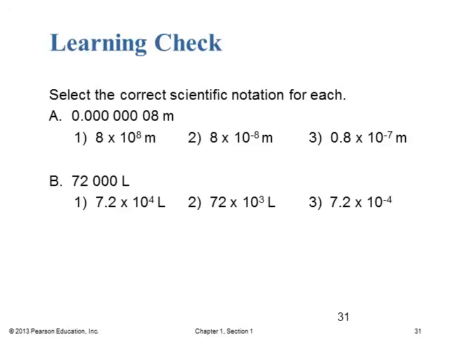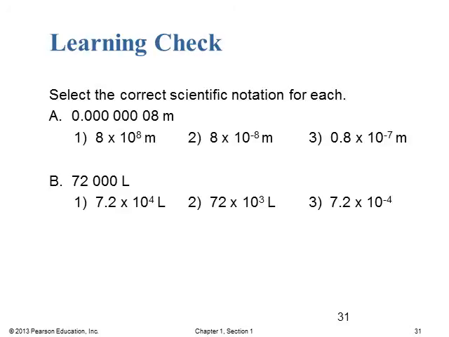So your coefficient should never be smaller than 1 and should never be larger than 10. And so we can eliminate choice 3 because that's an incorrect way of showing scientific notation. So we should select choice 2.